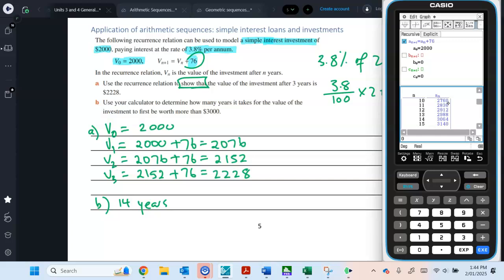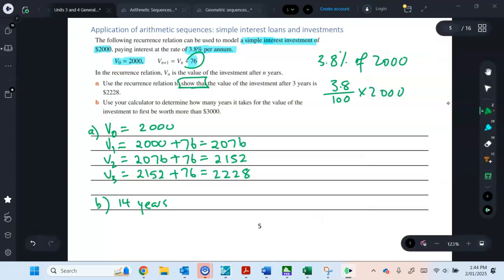Another thing you could do is create a rule and press solve, which is probably not the most common method, but some students prefer that. So what I mean by that is the rule for this is Vn equals 2000 plus 76n.